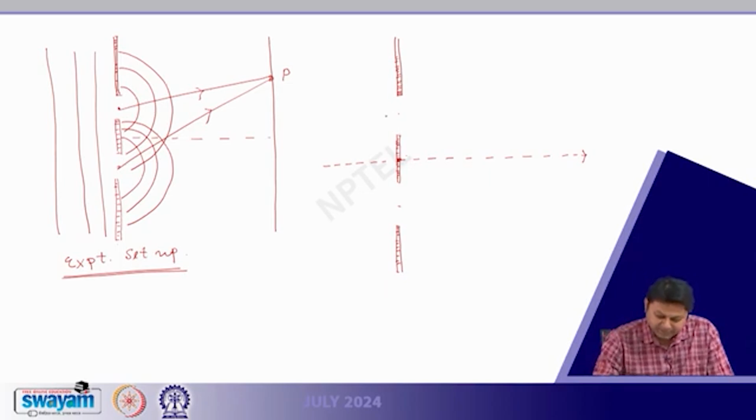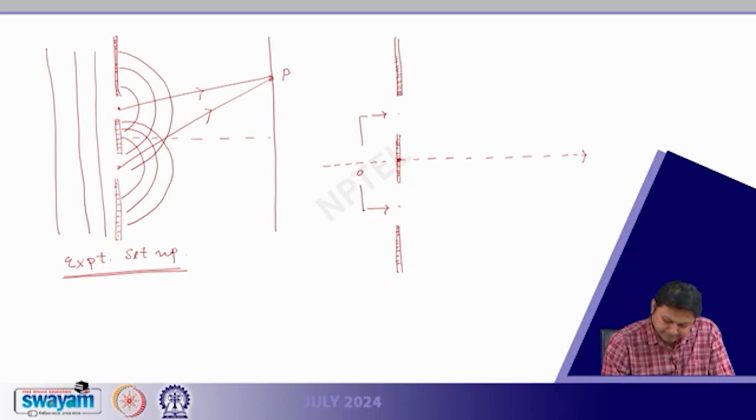So let us first describe the separation between the two slits. A is the separation between two slits.